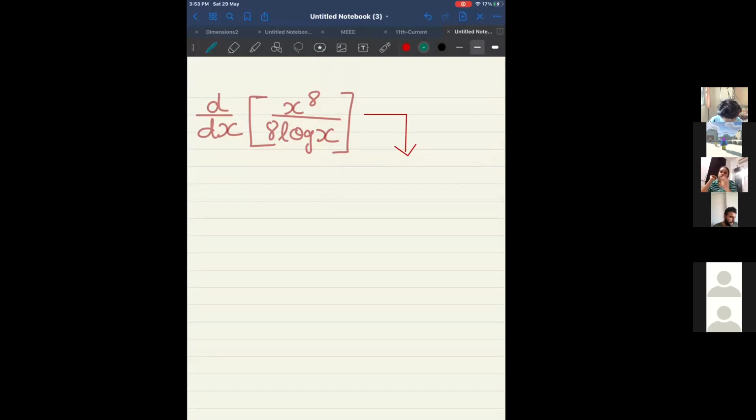Okay. Now we'll start with denominator square. I have to write it as 8 log x the whole square. That is denominator square.